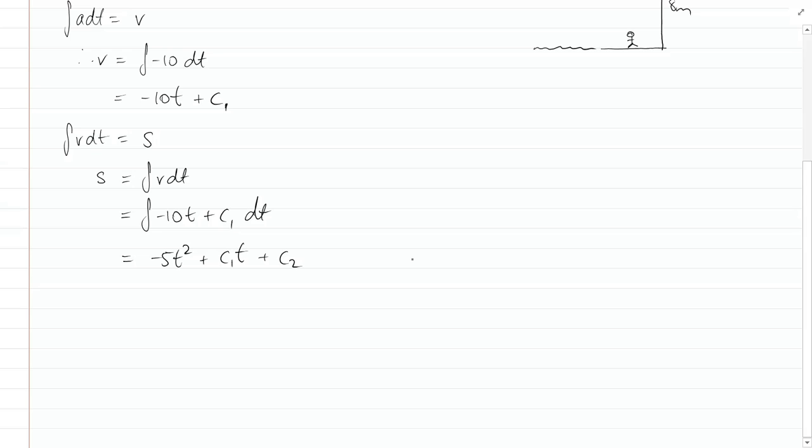But what we do know is that at time t equals 0, s equals 0, the displacement. So now we have this new situation: 0 equals negative 5 times 0 squared, plus c1 times 0, plus c2, which leads to c2 equaling 0 itself.